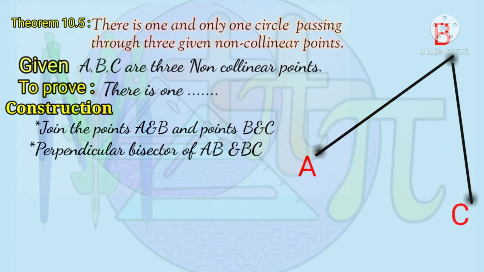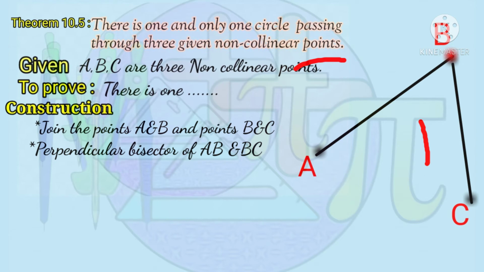How to draw a perpendicular bisector? For this, you have to use your compass. Put the first end of your compass at A, then make an arc on the upward and downward side of AB.